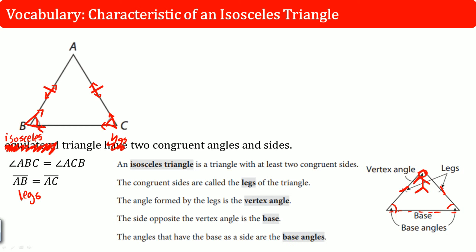So in short, leg, these two are congruent. Base angle. That makes up your triangle. On top is your vertex, which is your head.